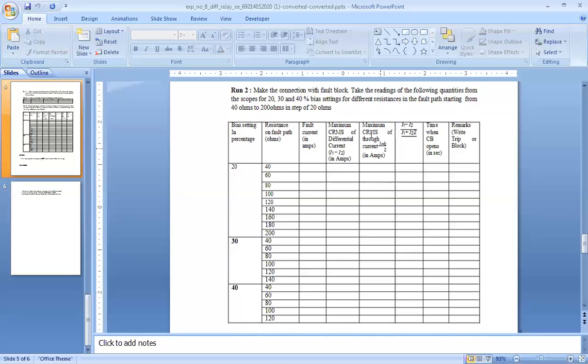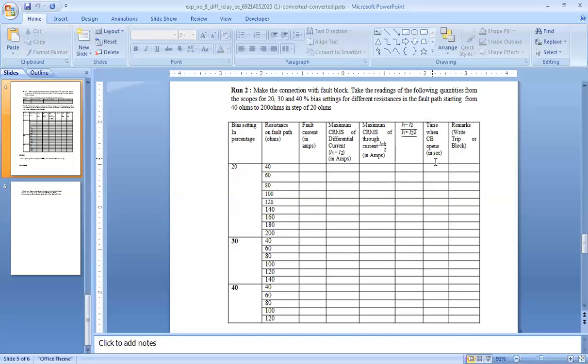Similarly, the maximum continuous RMS is obtained from the CRO connected at the output of the continuous RMS of the through current. Then I1 minus I2 divided by I1 plus I2 by 2. This 2 will be just below this line.